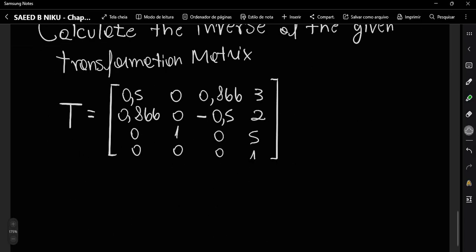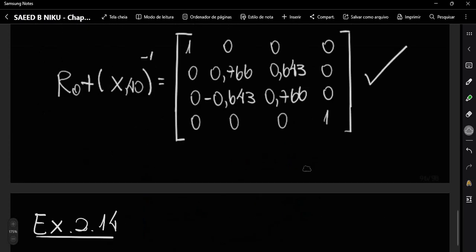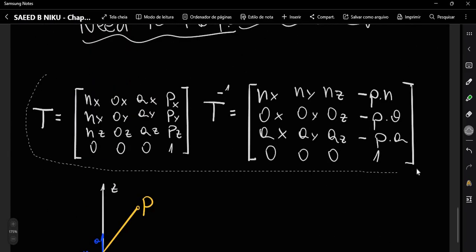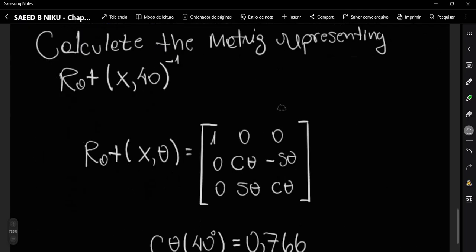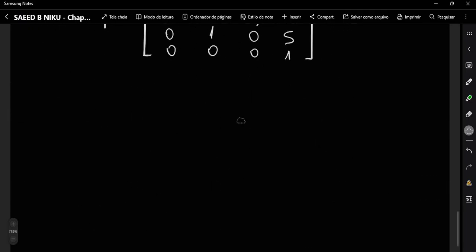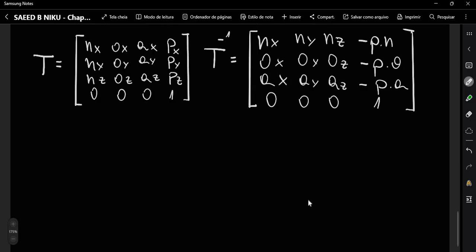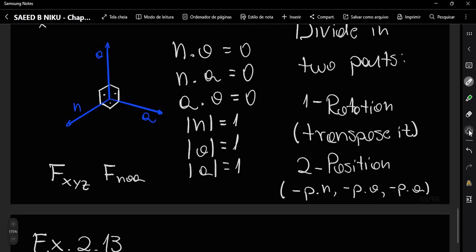Let's copy this to use as reference for our solution, and copy the procedure that we have to follow to succeed in our resolution.